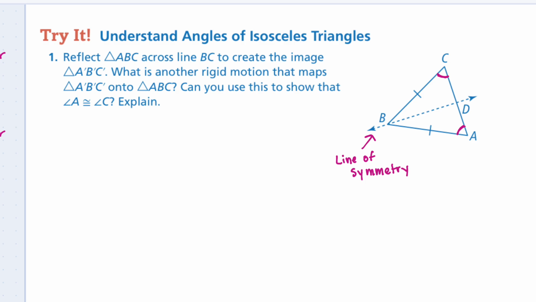If we want to perform other rigid motion that would map this, there are different combinations, but we can do a rotation centered at B, and we can do a 180-degree rotation of this triangle.